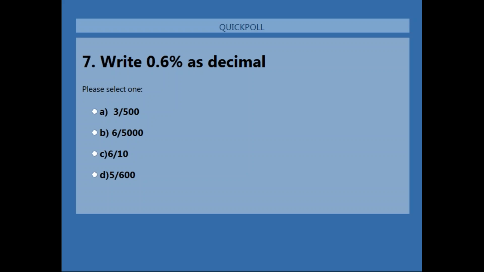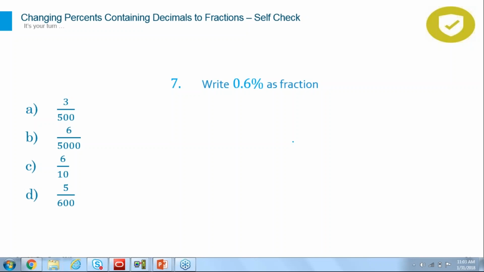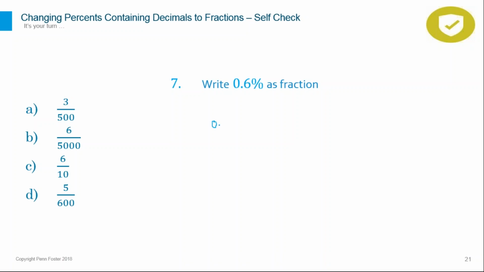Okay, let's go over that problem, and I want to show you that when we switch a decimal to a fraction, we do not always divide over 100. It depends on the decimal that you have. So I'm going to start out with 0.6%. To change that to the fraction form, it's actually 6 over 10 because we have only one decimal place.